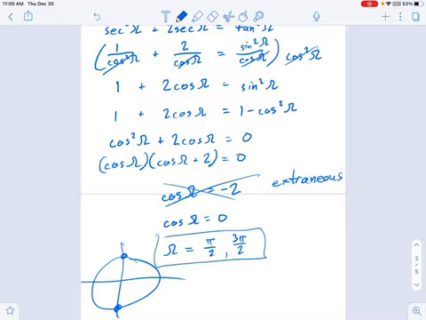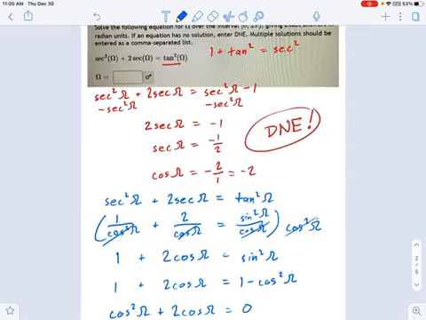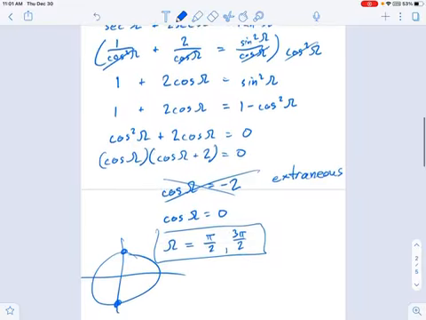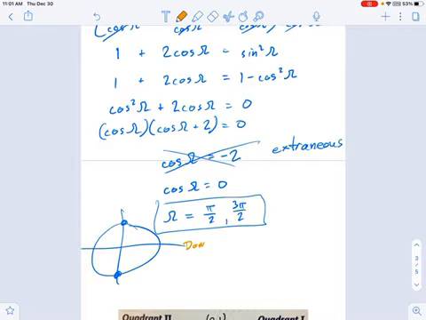We have to check domain restrictions, and that's especially important when you have reciprocal equations. See, this reciprocal equation was loaded with secants and tangents, and those all have cosine on the bottom. Now, if you remember your domain restrictions are the following.